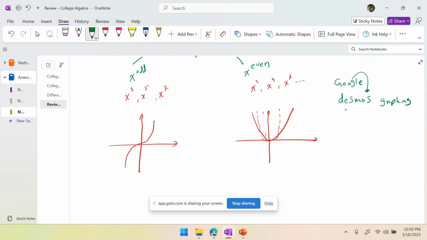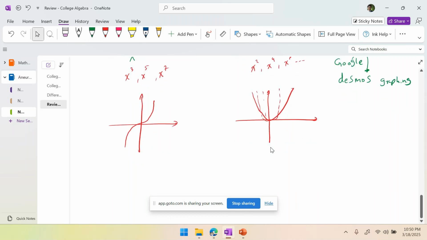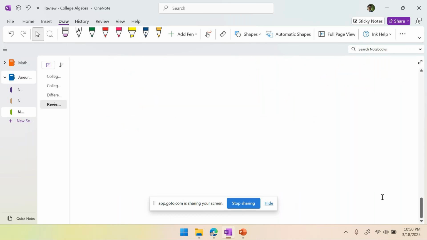Just type Desmos Graphing in Google, and the very first link you have is the Desmos Graphing tool, which is a free online tool you can use to graph these functions. So please use it when you practice, but you cannot use it in the exam. Okay, right.